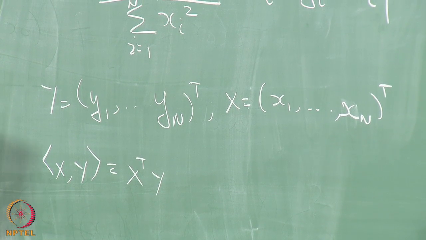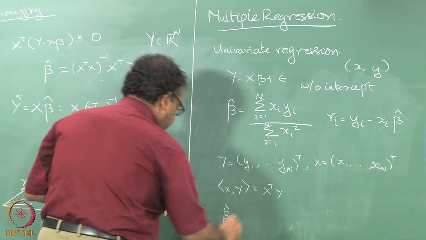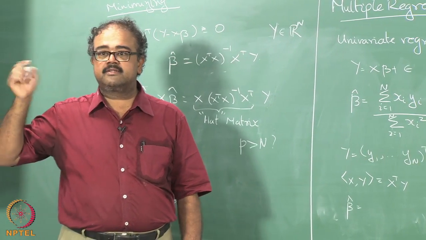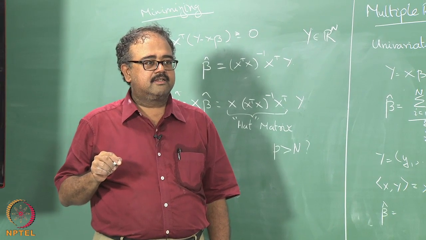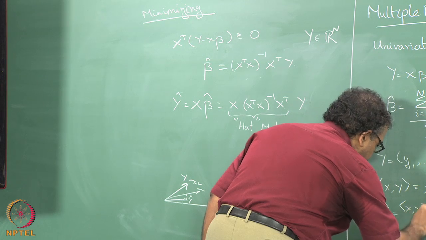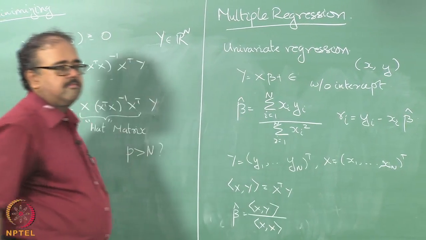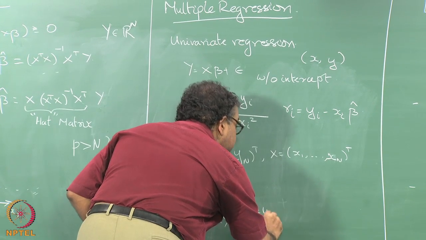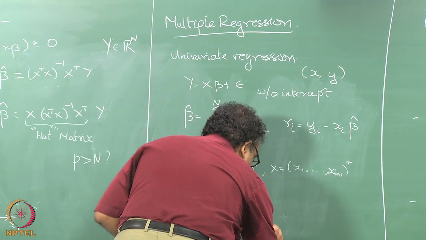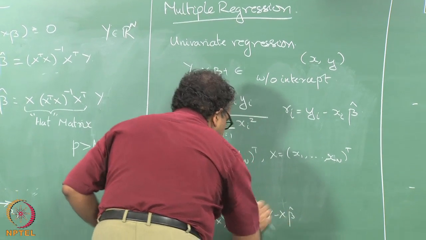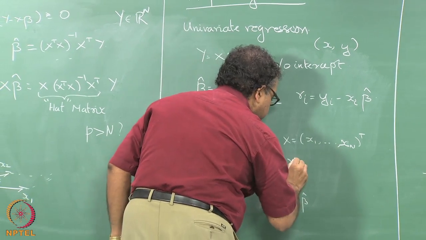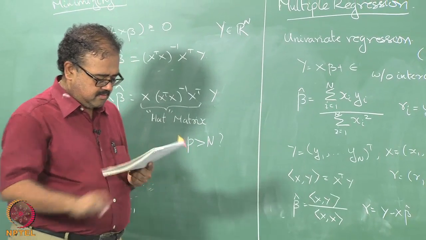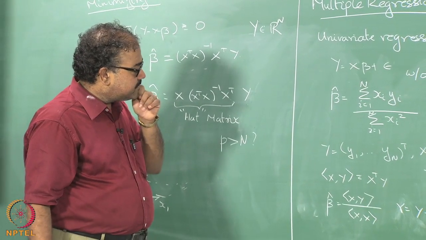Now, can you tell me what beta hat should be in the inner product notation? Yes, this is fairly simple.